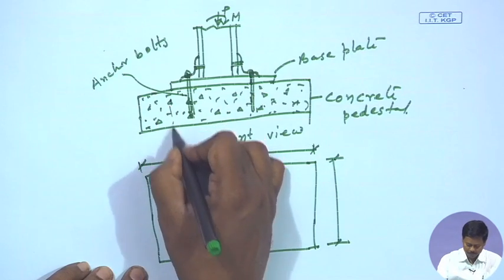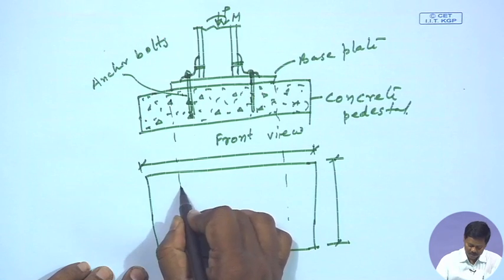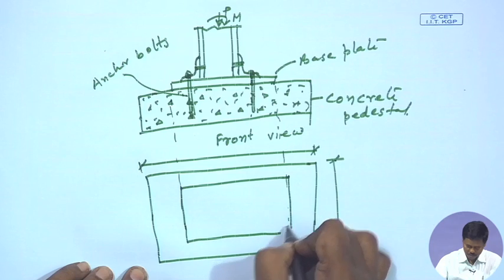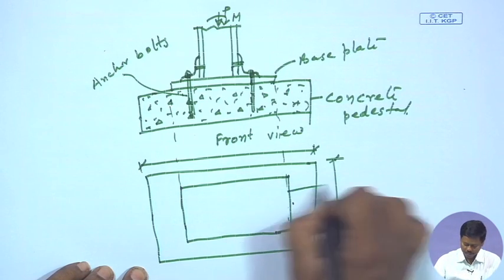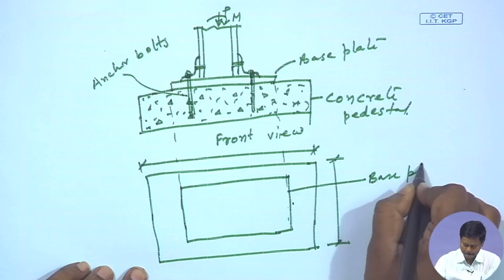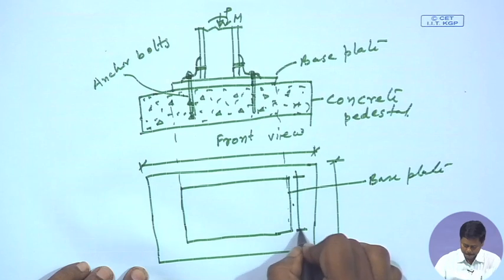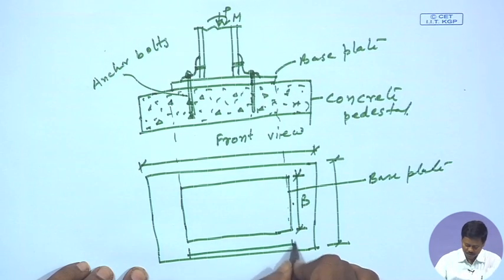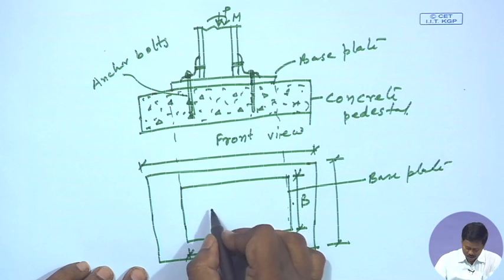And if we see, the plan of the base plate will be like this. So, this is base plate and this is width of the base plate and this is length of the base plate, right. Then the column is provided.